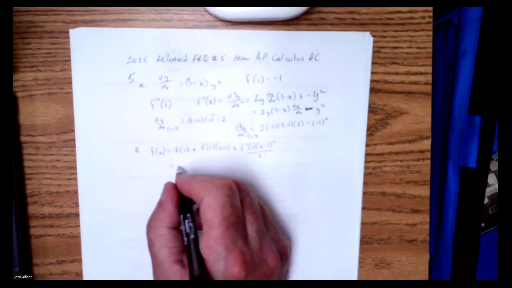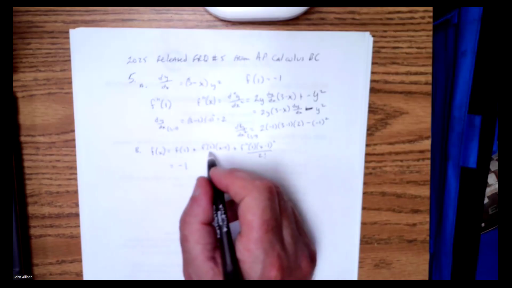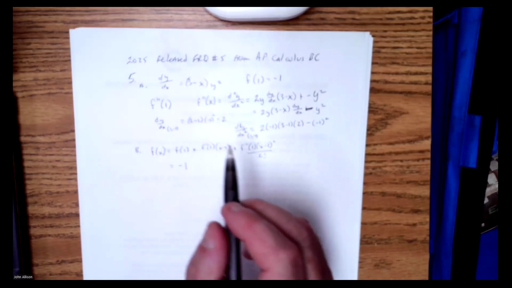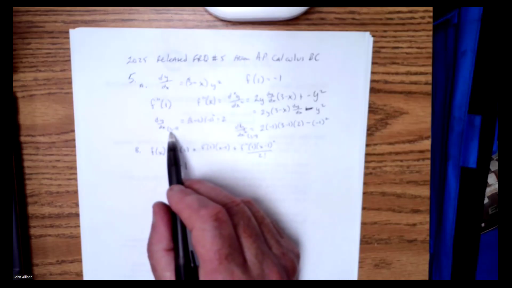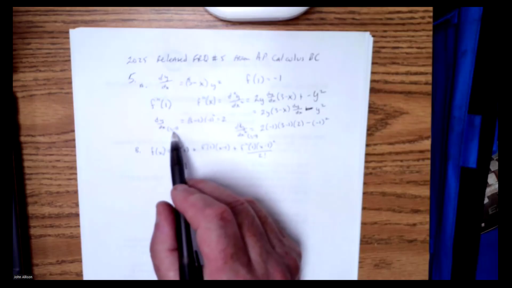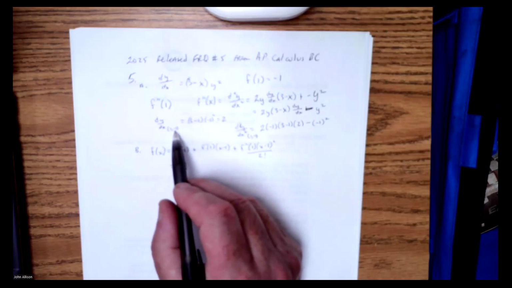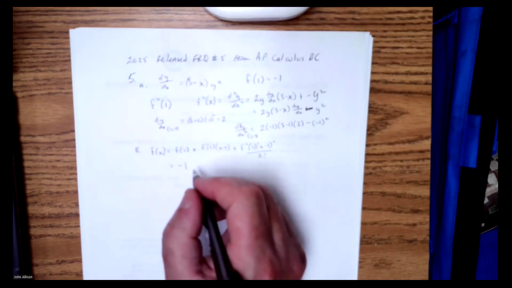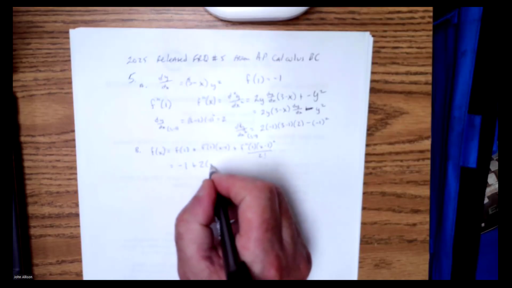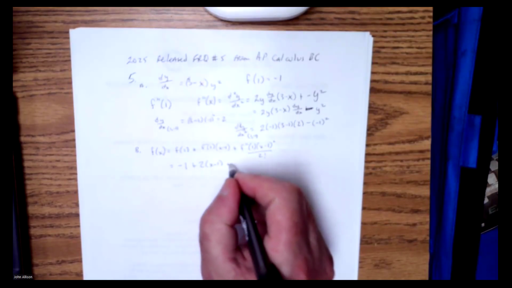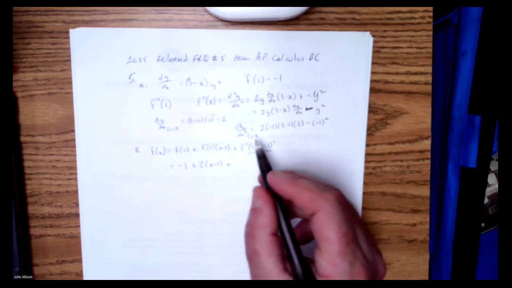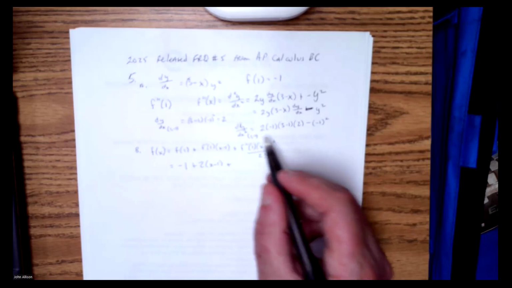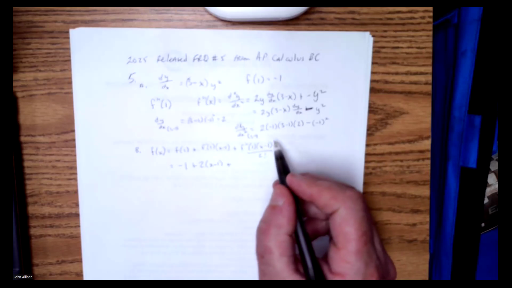Okay, so we know what f of 1 is. f of 1 is -1. And f prime of 1, that's going to be dy/dx at 1. I think we evaluated that, did we not? We did, at (1, -1). That was 2. So this is going to be plus 2 times (x minus 1). And f double prime of 1, that's the second derivative of y evaluated at (1, -1).